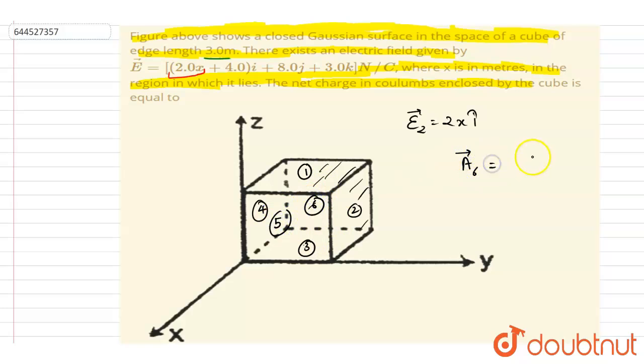I will write down the area vector: it is 3 into 3, which is 9. Since it is directed in this direction, it will be minus i cap. The value of x for this face is 3, so the electric field E2 for that face is 2 into 3, which is 6.